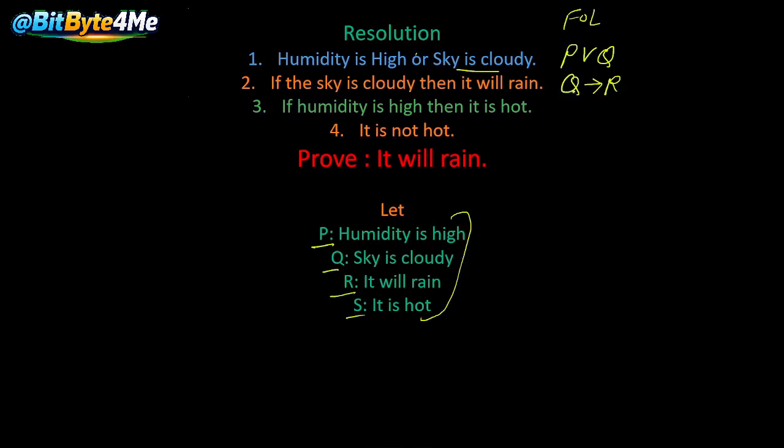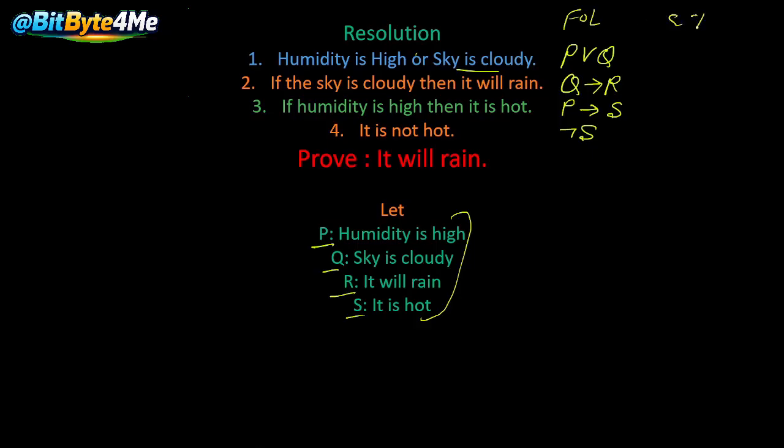If humidity is high, then it is hot: humidity is high means P, then it is hot means S. So the implies sign comes. If P is true, then S is true. Then it is not hot: S means hot, and not hot means not S. So these sentences are in first order predicate logic.